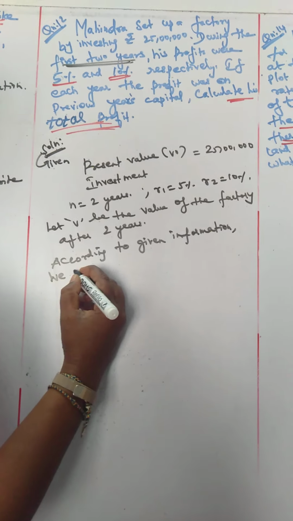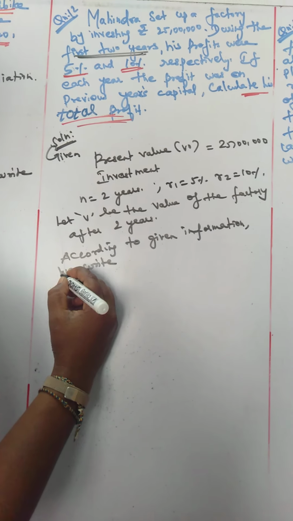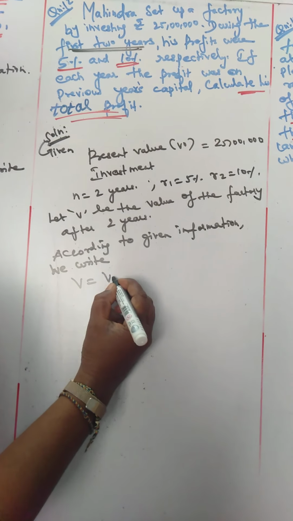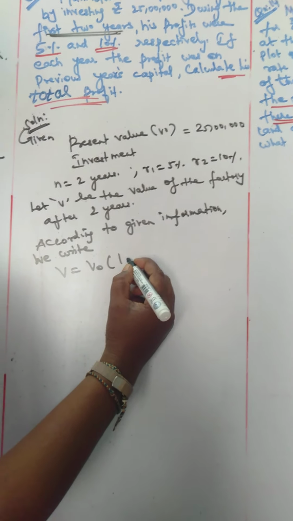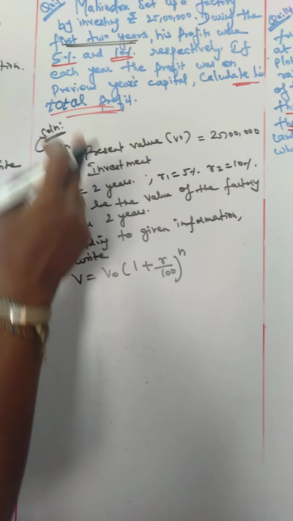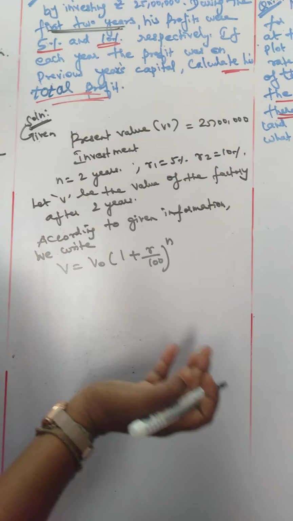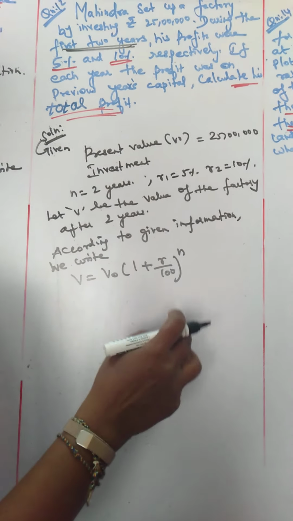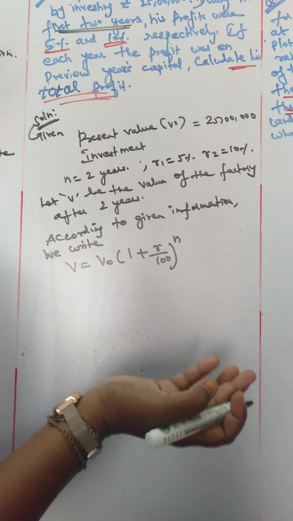Then according to the given information, we write V is equal to V naught into 1 plus R by 100, the whole power n. Here since it is not depreciation, it's a profit only, so it increases, right? Investment amount will increase only.